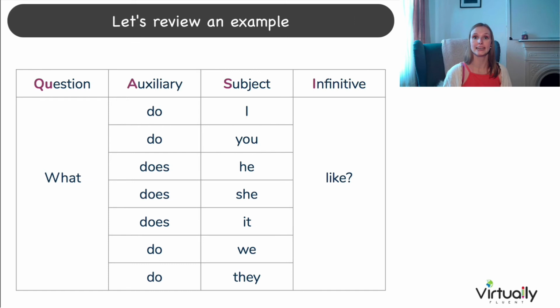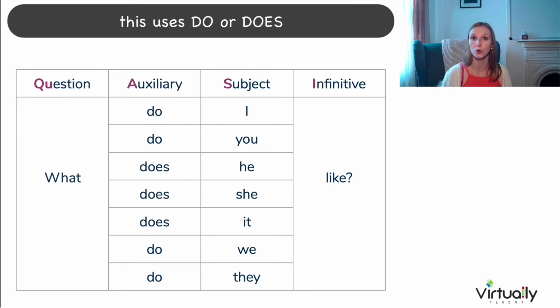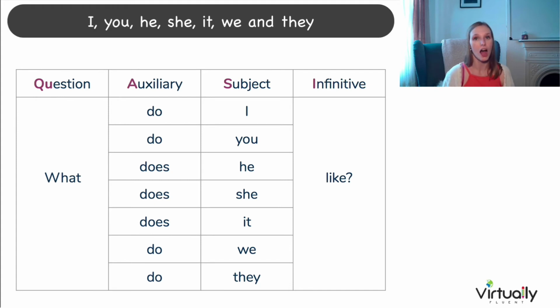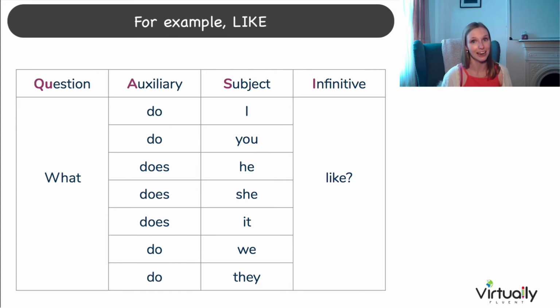Let's review an example. A question word, what? Auxiliary verb is very similar to the negative. This uses do or does. Then the S is the subject. This is a different way of saying the personal pronoun. I, you, he, she, it, we, and they. And finally, we have the infinitive verb, for example, like.